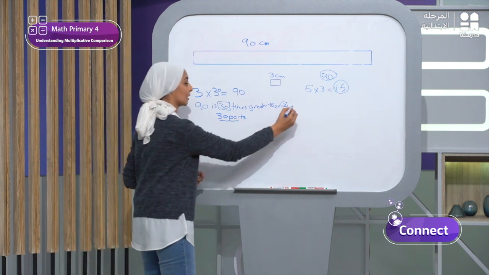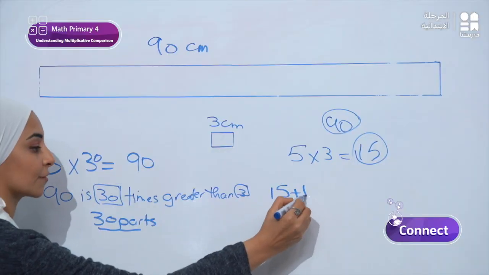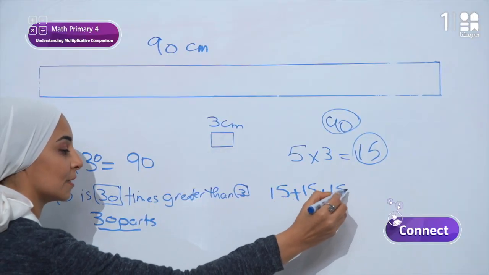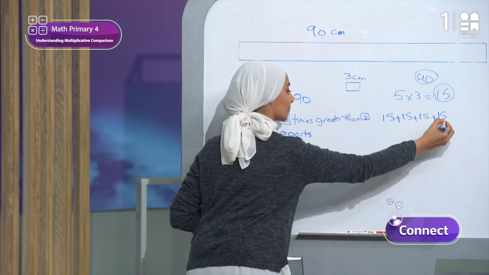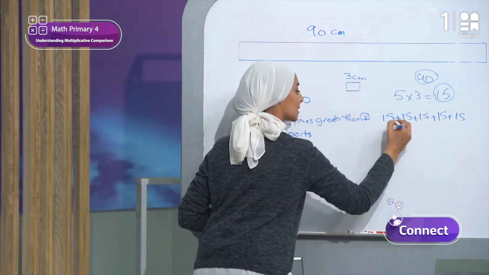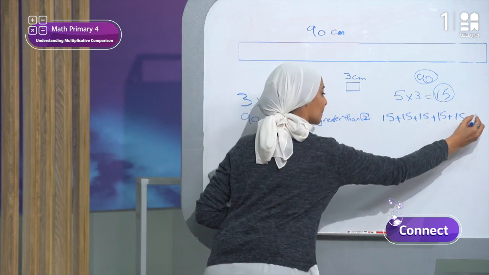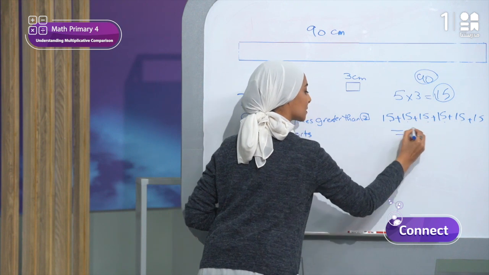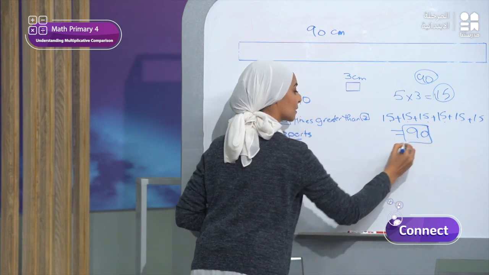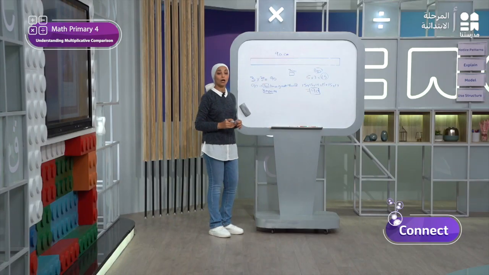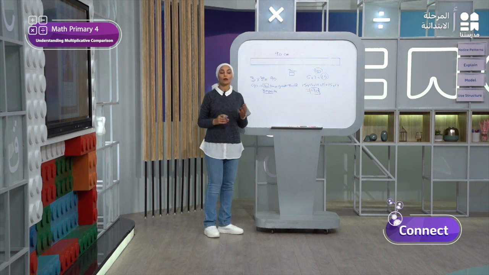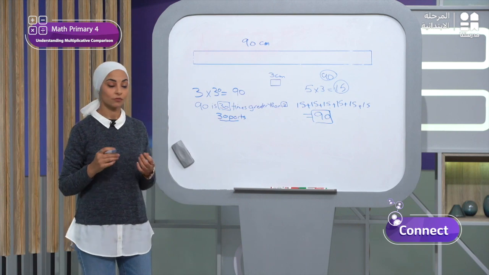Why? Because if I do 15 plus 15 plus 15 plus 15 plus 15 plus 15, 6 times, equals what? Equals 90. That means 90 is 6 times greater than 15. So 90 equals what? 15 times 6.